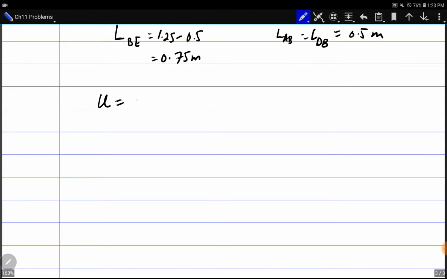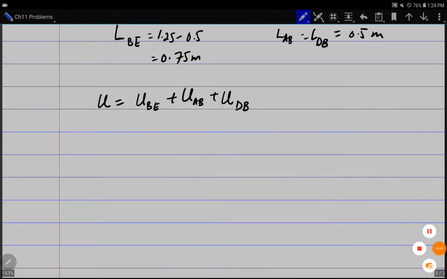Total U is equal to UBE plus UAB plus UDB.